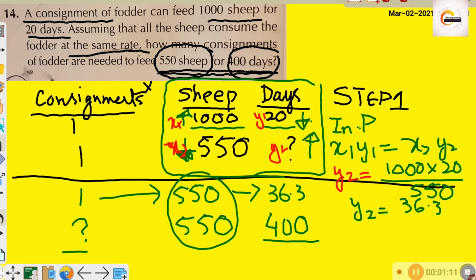So let's see, if there will be less days comparatively as compared to 400 days, will we need more consignments or less consignments? Yes, if there will be less days, we will need less number of consignments.